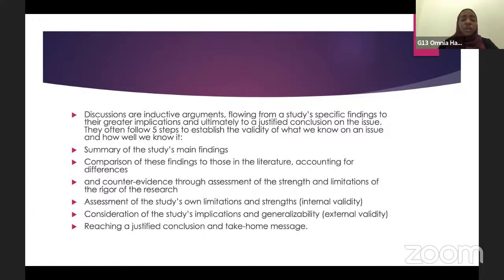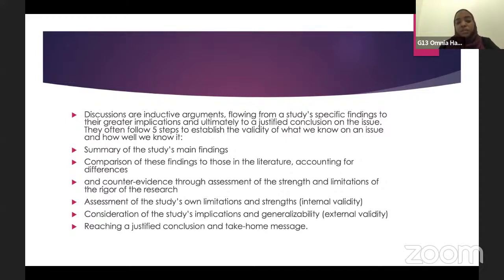So in the discussion, we should be provided with a summary of the study's main findings, comparison of these findings to those in the literature accounting for differences, counter evidence through assessment of the strengths and limitations of the rigor of research, assessment of the study's own limitations and strengths. This is accounting for the internal validity, consideration of the study's implication and generalizability, the external validity, and reaching a justified conclusion and take-home message.